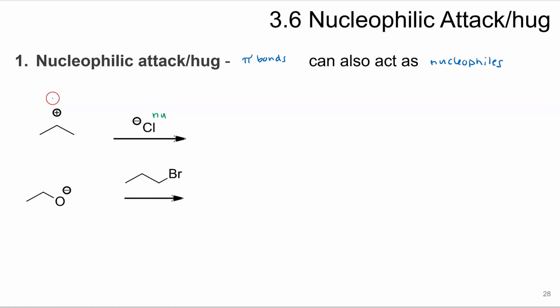The electron-poor species is the positive, this is the electrophile. Our nucleophile is going to come and give a hug to the electrophile, so these electrons go from here to the positive, so we're trying to hook that positive. So this was our carbon chain before. We formed a new bond to that Cl. So that is a nucleophilic attack.